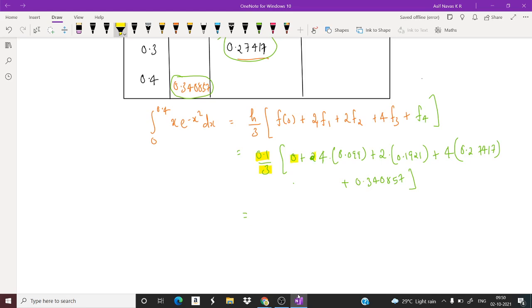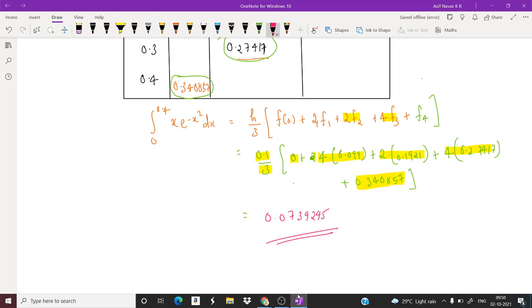Next is an odd term, 4 into this. Next is an even term, 2 into this. Next an odd term, 4 into this. And the last term you should write separately. So if you calculate this, you will get the answer as 0.07392. So this is the answer.